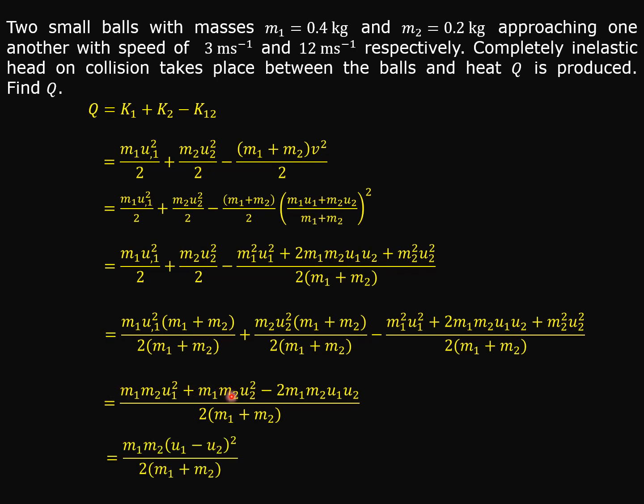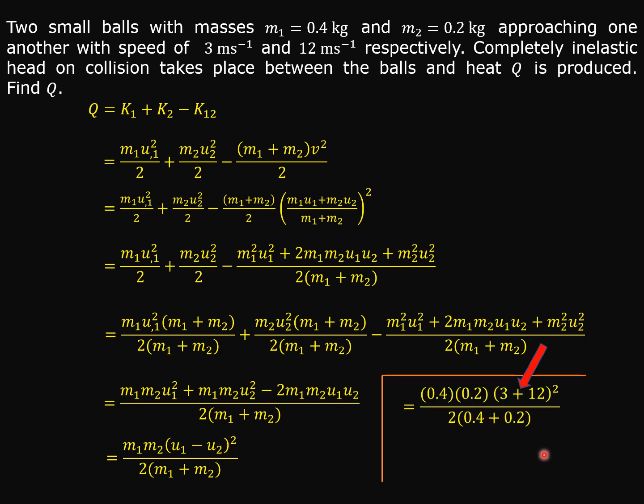So if you look at these three terms of the numerator, we can factorize m1 m2, and then u1 squared plus u2 squared minus 2 u1 u2 can be factorized to get u1 minus u2 squared.